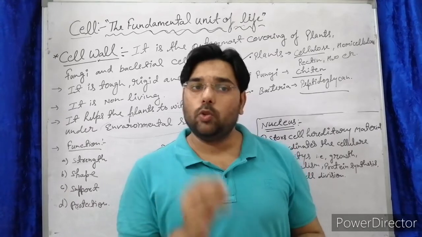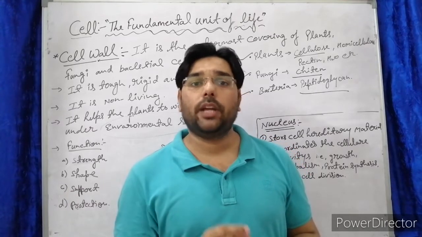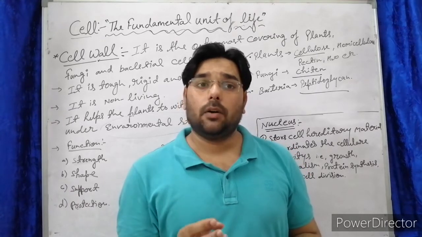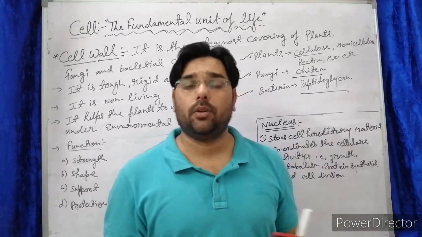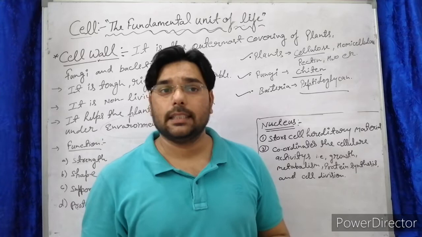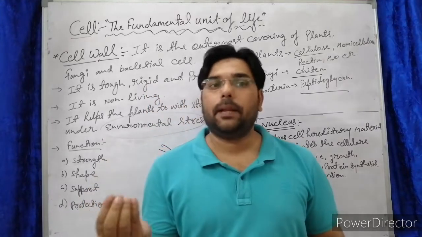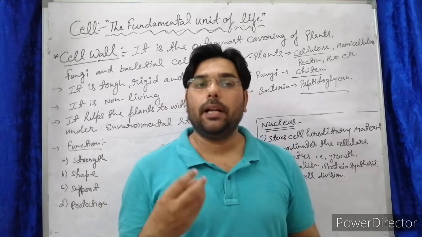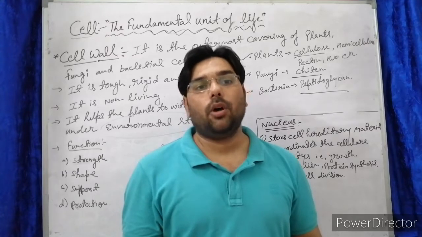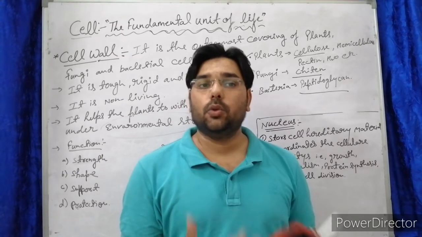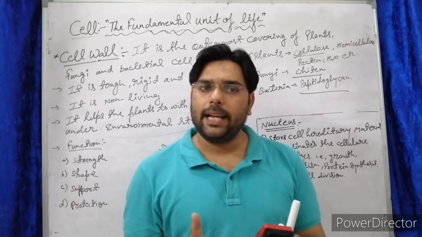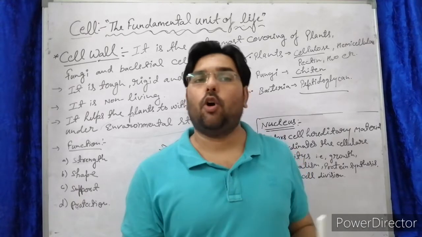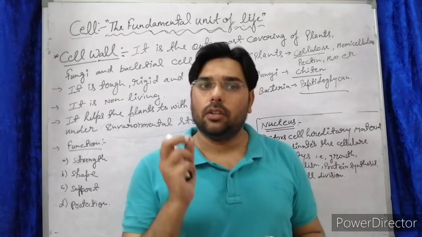It is not present in every eukaryotic cell, but almost all eukaryotic cells have a nucleus, except, for example, the human red blood cell, which is devoid of a nucleus, and some other cells. Besides these exceptions, all eukaryotic cells have a nucleus.